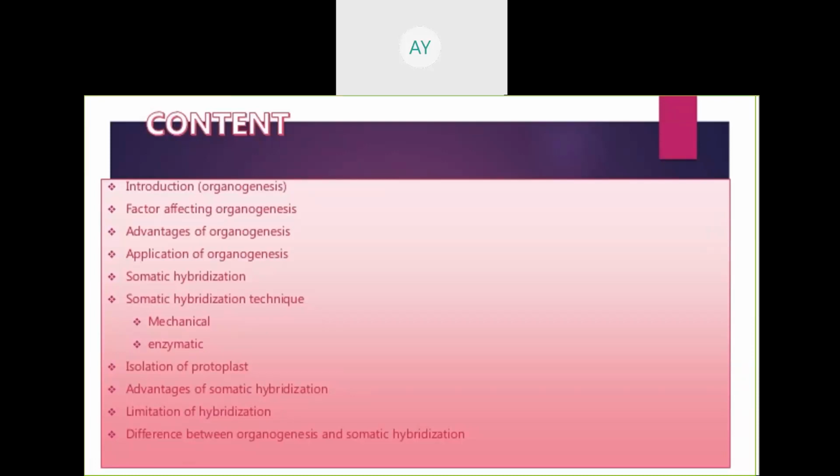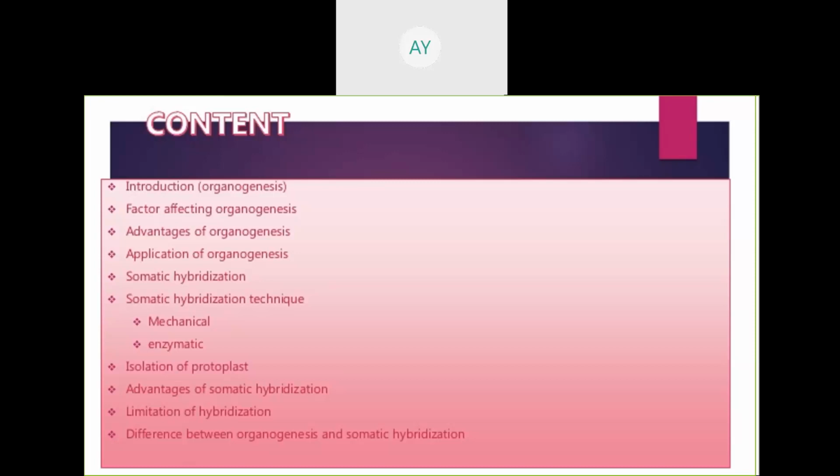Okay, next, in this lecture: factors affecting organogenesis, advantages of organogenesis, applications of organogenesis, somatic hybridization. So try to know the term organogenesis, meaning development of particular organs, either root as an organ, or shoot as an organ, or leaf as an organ, from the somatic cell.